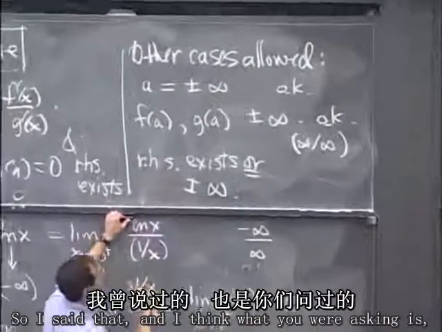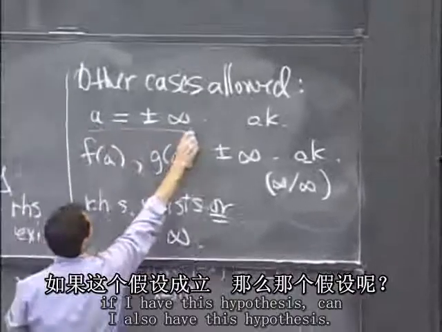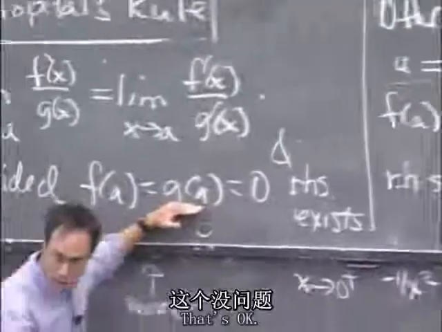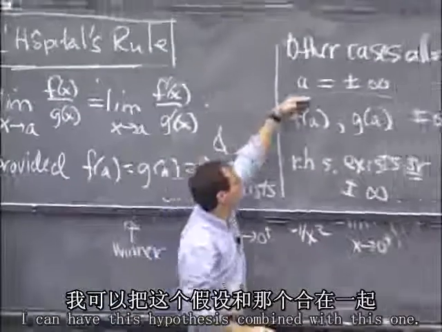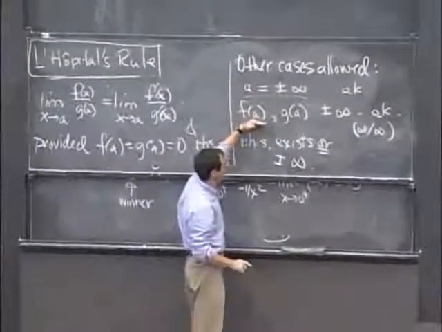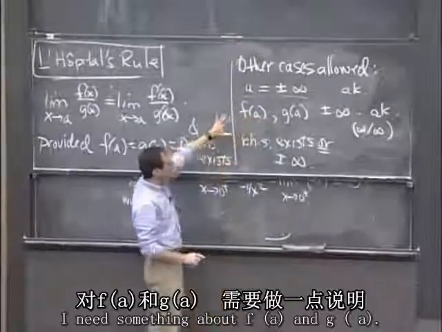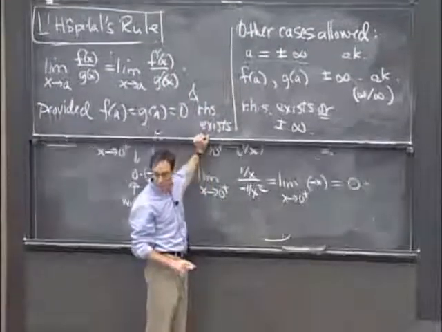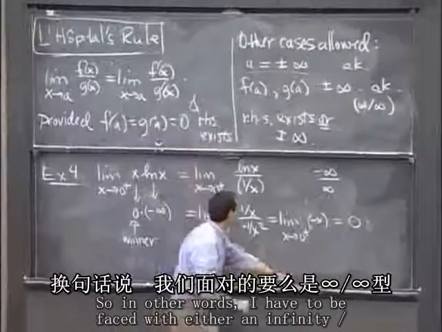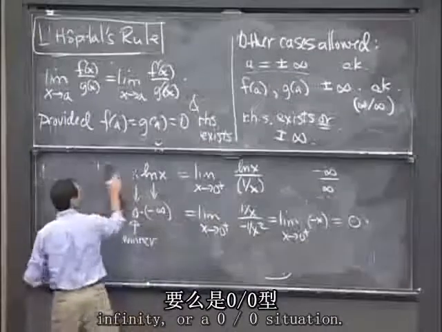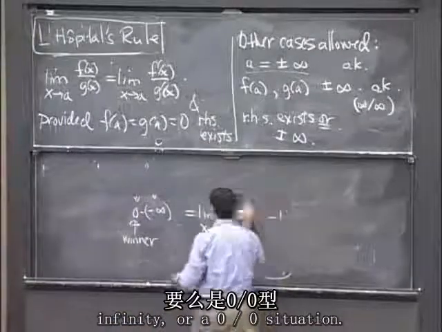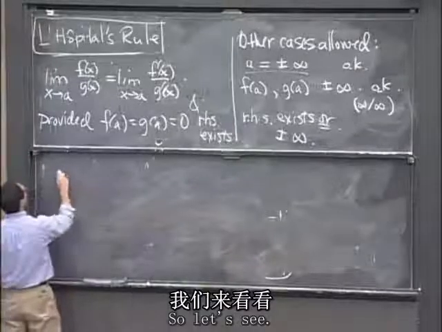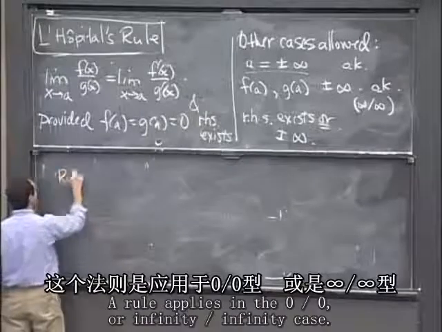I think what you were asking is, if I have this hypothesis, can I also have this hypothesis? That's okay. I can have this hypothesis combined with this one. I need something about f of a and g of a. I can't assume nothing about f of a and g of a. So in other words, I have to be faced with either an infinity over infinity or a 0 over 0 situation.